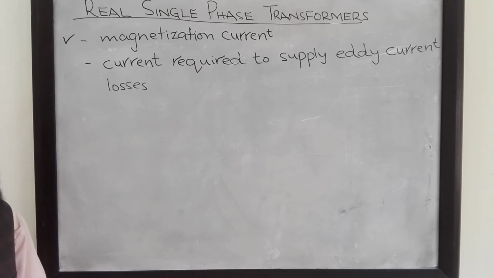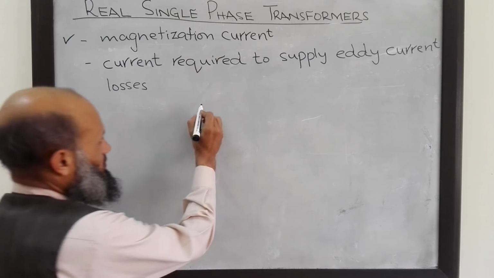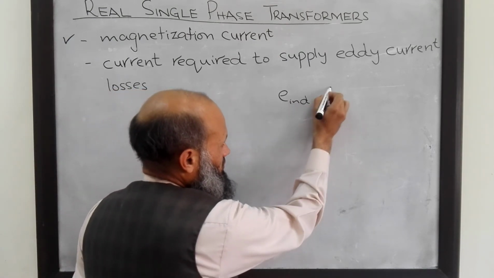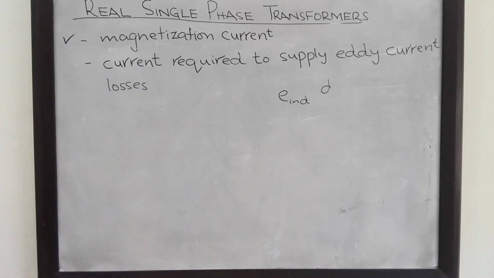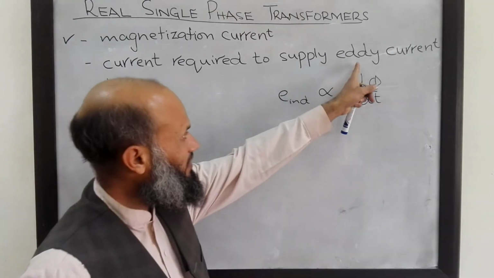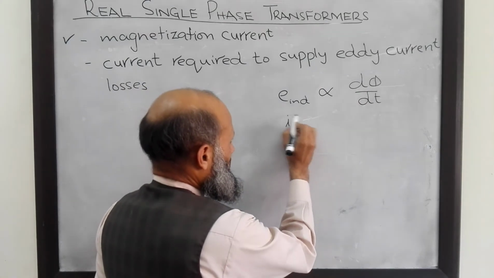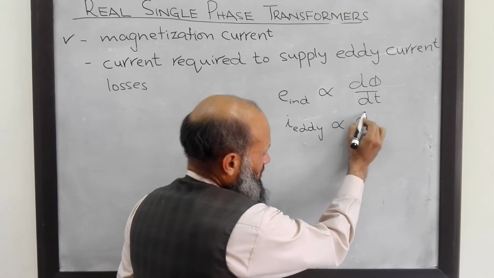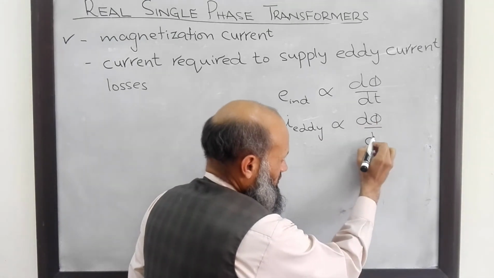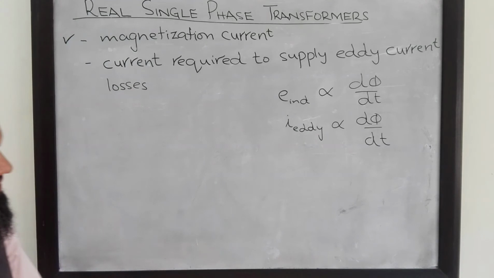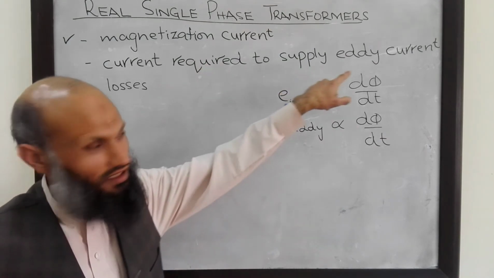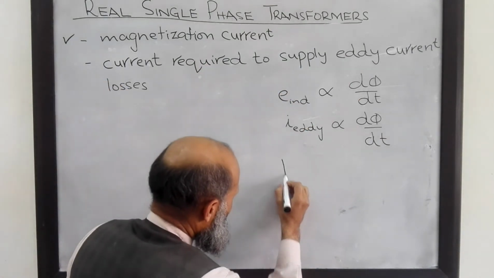The induced voltage in the core is proportional to the rate of change of flux, and hence the eddy currents are also proportional to the rate of change of flux. So if we sketch the graph of the current required to supply the eddy current losses, it should be of this shape.